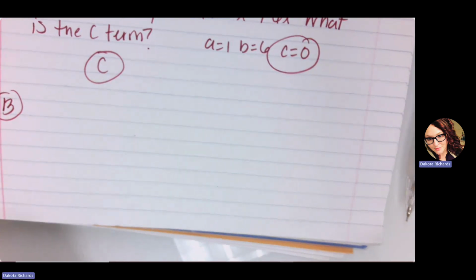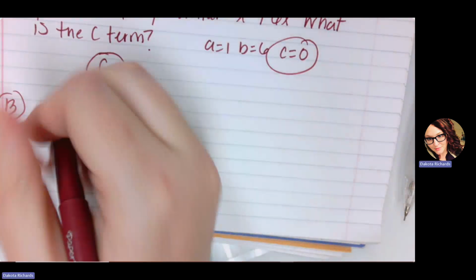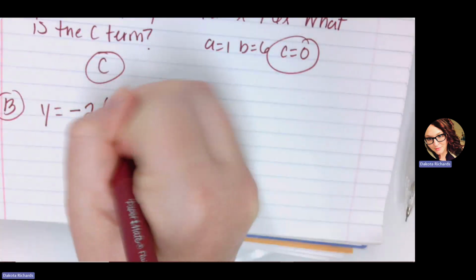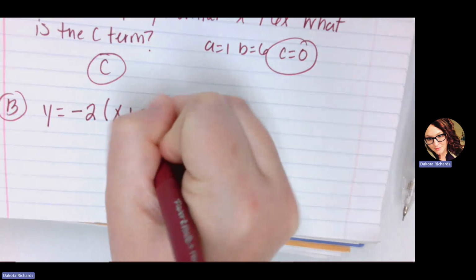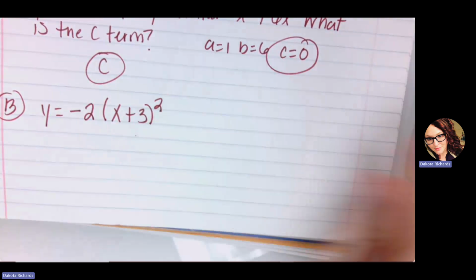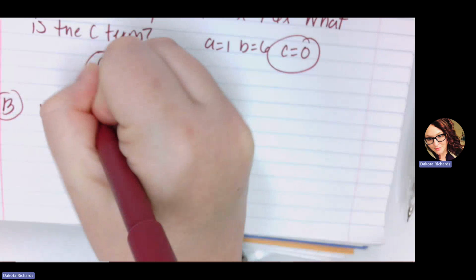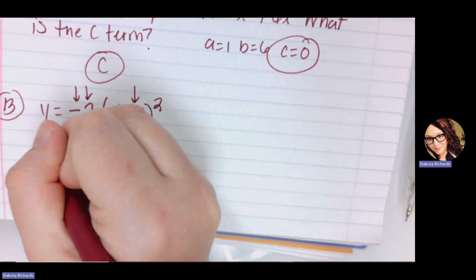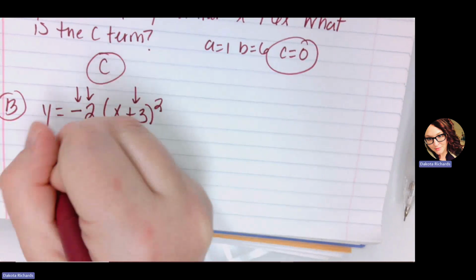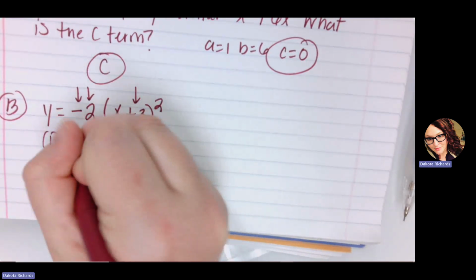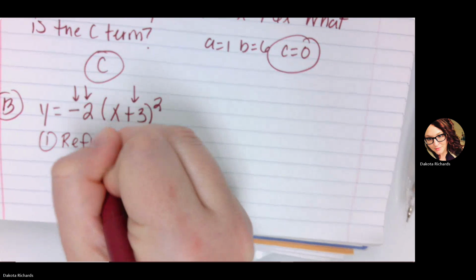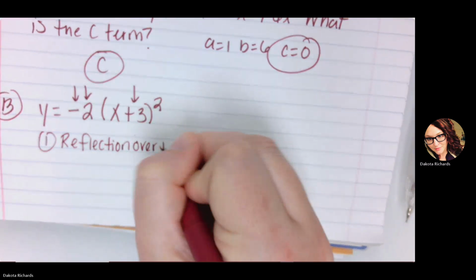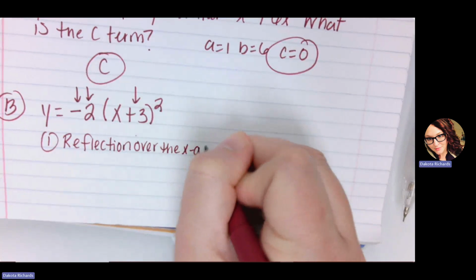What transformations are happening to this graph? Y equals -2 times (x plus 3) squared. Well, there's the negative, there's the 2, and there's the plus 3. The negative is going to be a reflection over the x-axis.